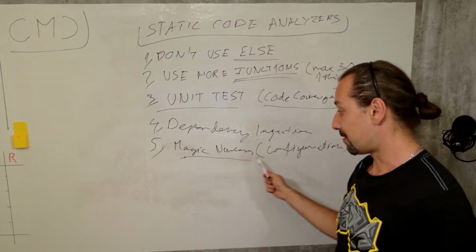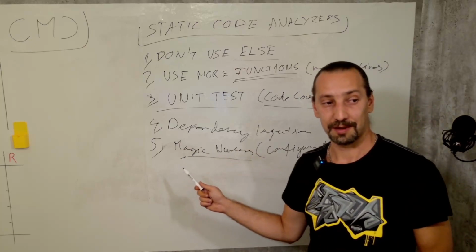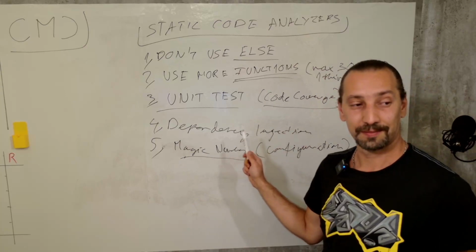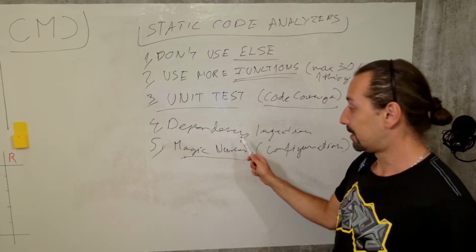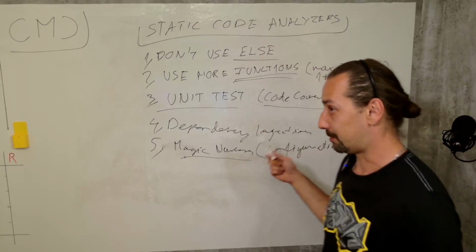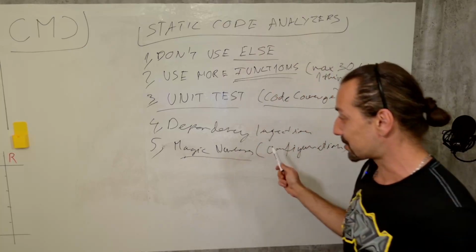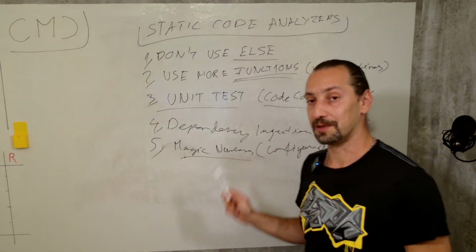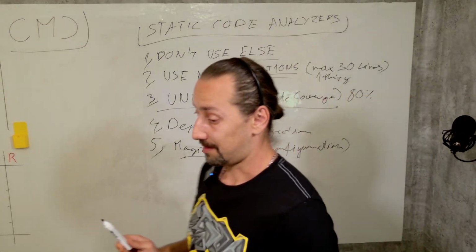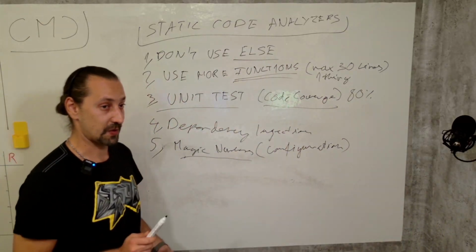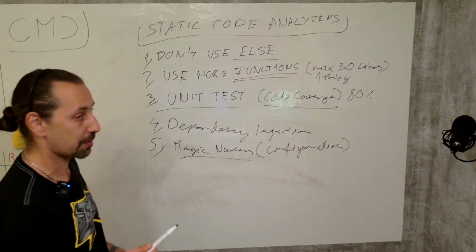And probably I will find magic numbers, because to get around this issue you will put magic numbers into your code. And the worst case scenario, it will be a secret, like a database connection or a password.